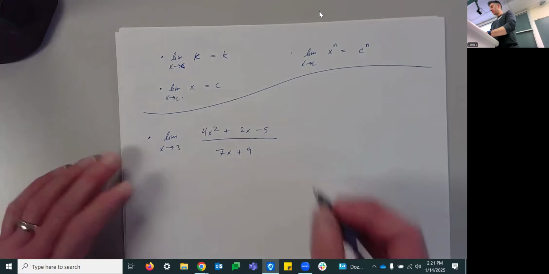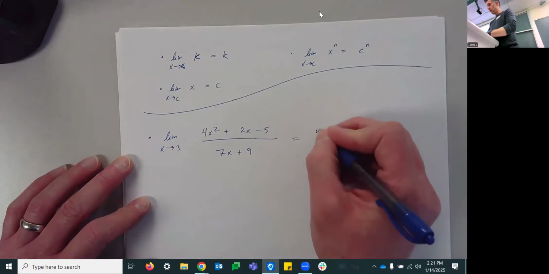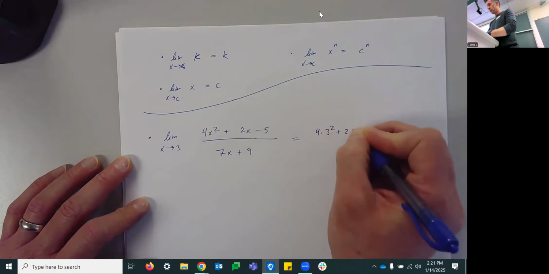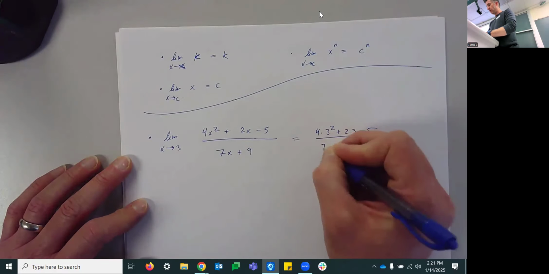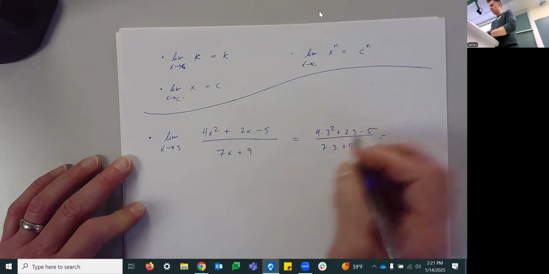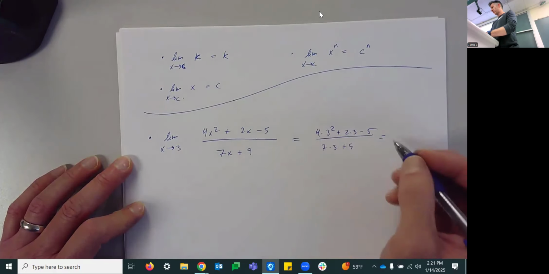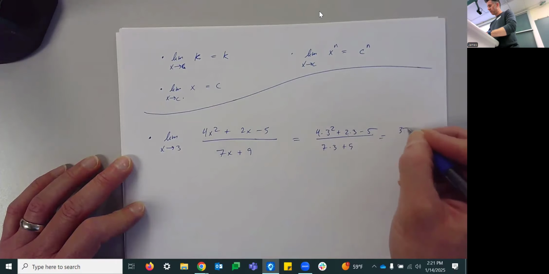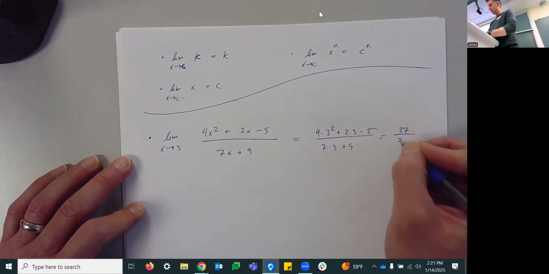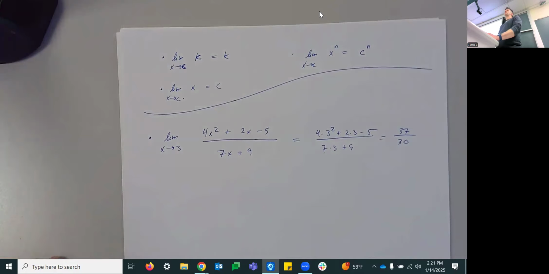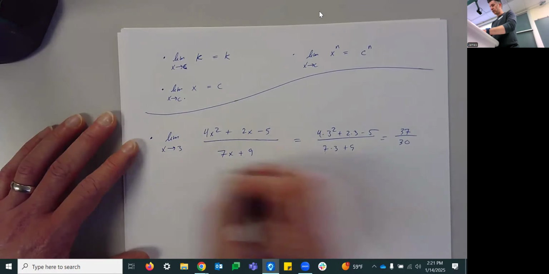Plug in 3: 4 times 3 squared plus 2 times 3 minus 5 over 7 times 3 plus 9. Let's see, it's 36 plus 6 is 42 minus 5 is 37 over 21 plus 9 is 30. That is how you should always do this problem unless someone specifically says to do it this long or terrible way.